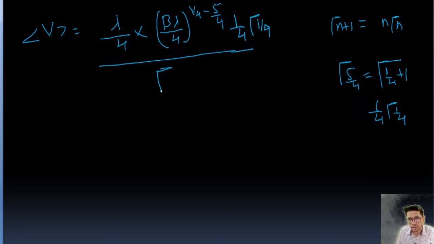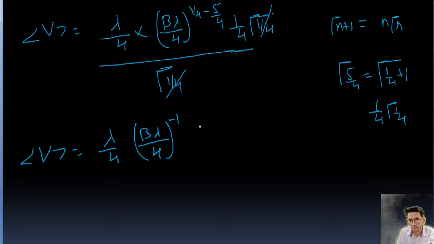Here we have gamma 1 by 4, so gamma 1 by 4 is going to be cancelled, and into 1 by 4, right? Now the lambda is to the power minus 1, so the lambda will get cancelled, and beta value is 1 by kT. This 4 will also get cancelled, so this value is going to be 1 by 4 kT. So this is the value of potential energy, guys.